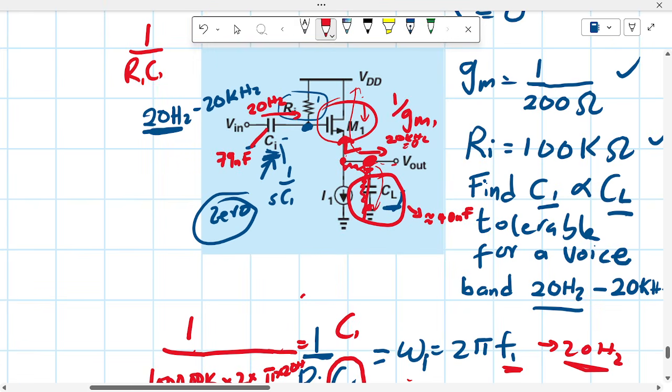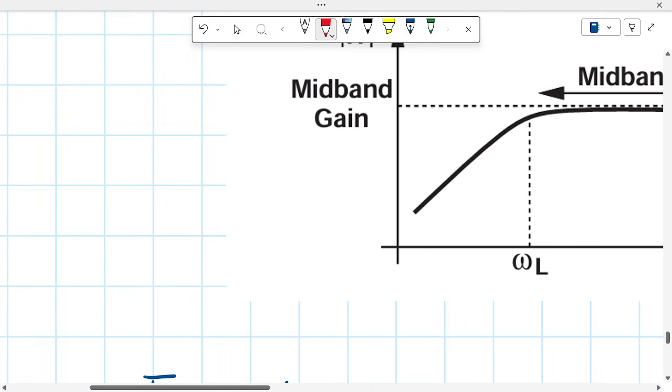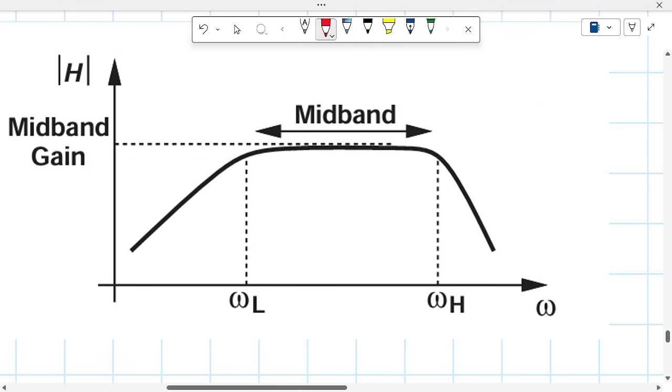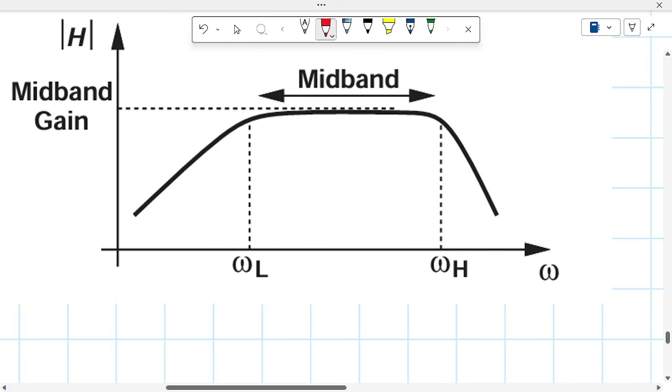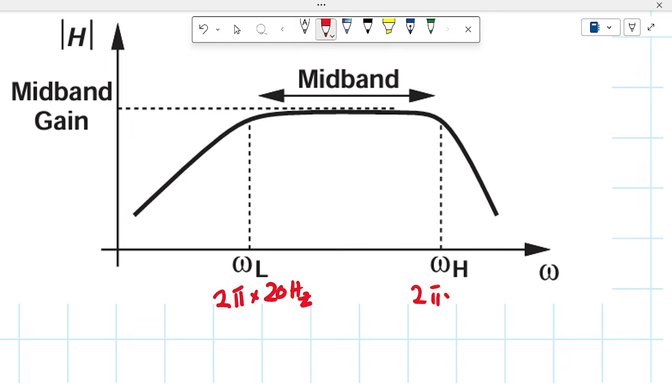So we have sort of created what we call a band pass circuit, where we allow the mid band. So the frequency range that's going to be allowed is, this is 2 pi f, where f is 20 hertz, and this is 2 pi f, where f is 20 kilohertz.